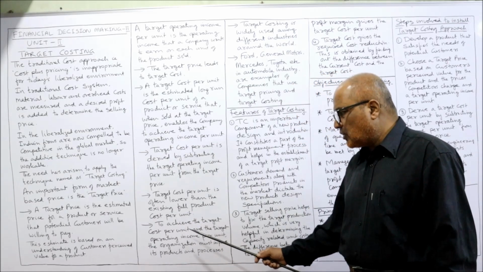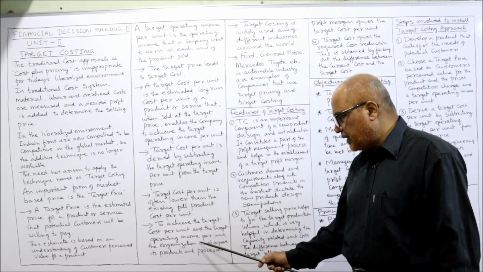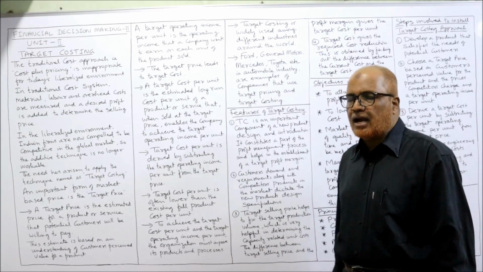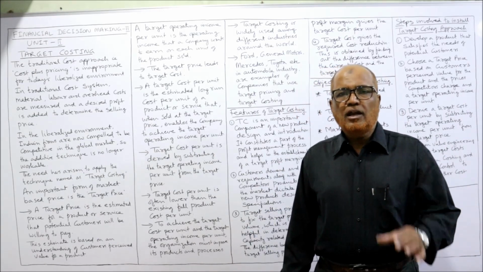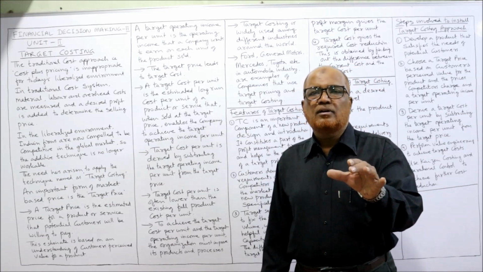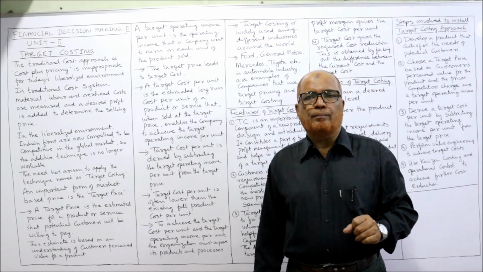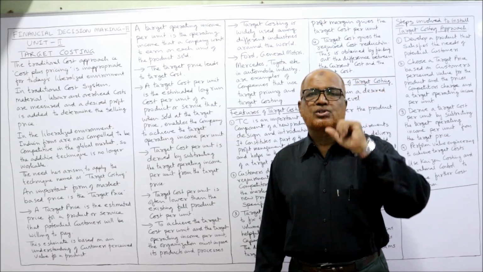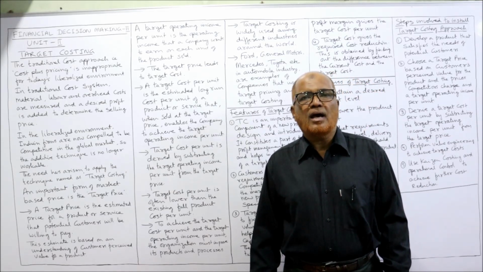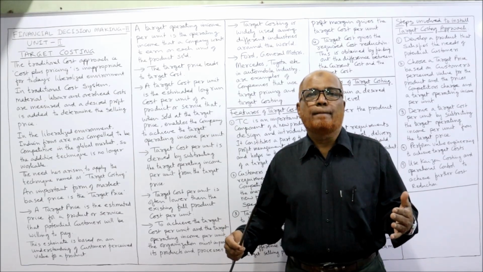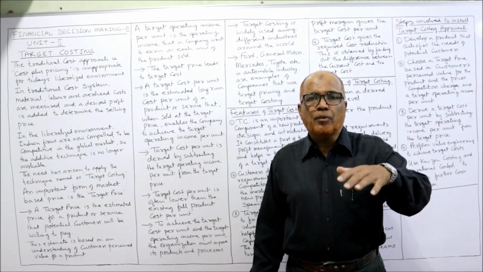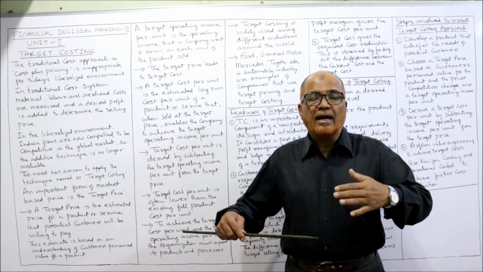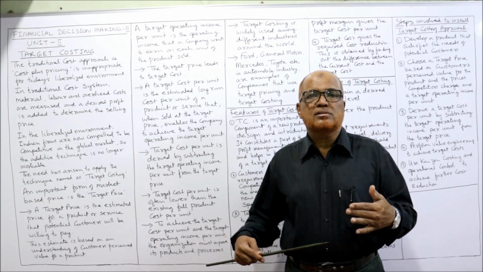Now to achieve the target cost per unit and the target operating income per unit, the organization must improve the products and processes. In order to achieve the target cost, the company has to make improvements in product and processes, and bring more efficiency in the activities and operations.